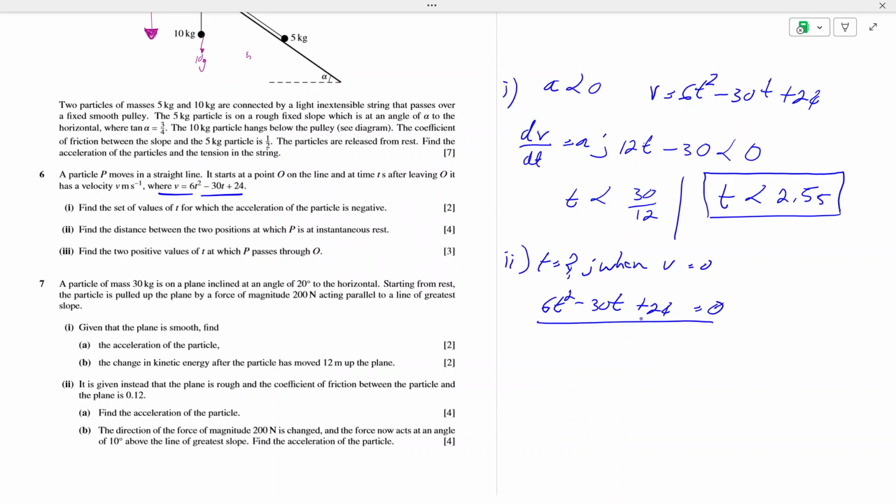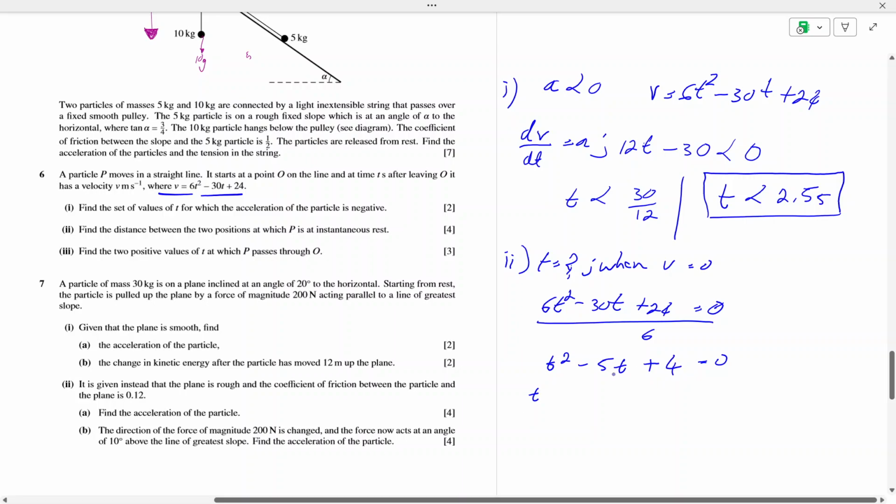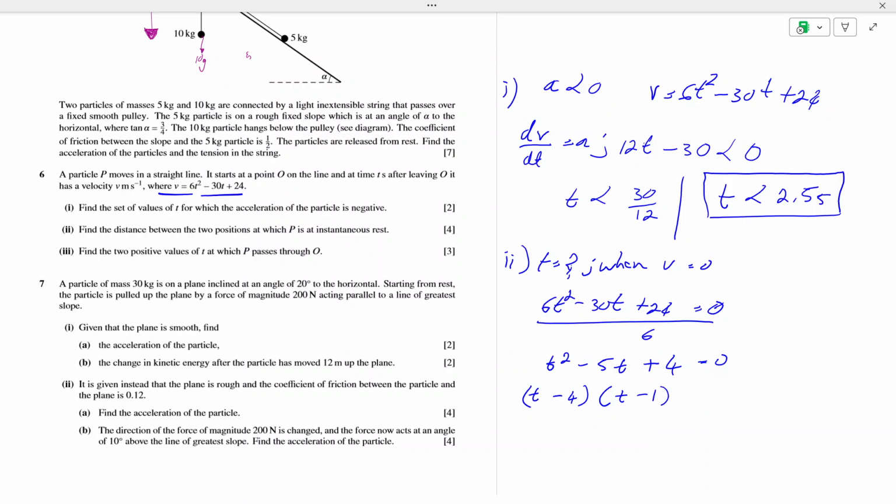Right, the first thing that I'm going to do is solve this equation. Divide by 6, since we can factor out the 6. Then t squared minus 5t, since 30 divided by 6 is 5, and then plus 24 divided by 6 is 4, is equal to 0. Then you can factor that. Two numbers that multiply to give you 4 and add to give you negative 5. It's going to be negative 4 and negative 1. If you multiply negative 4 and negative 1, you get 4.